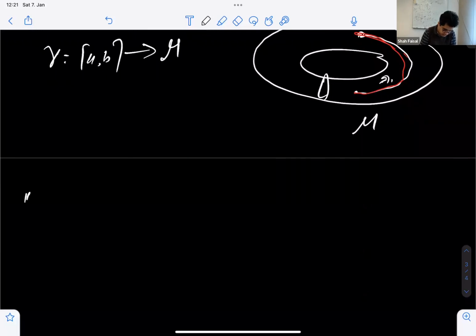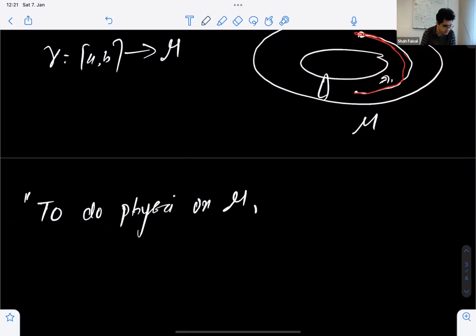So to do physics on, let's say, a set M, so this is any set, we need calculus.